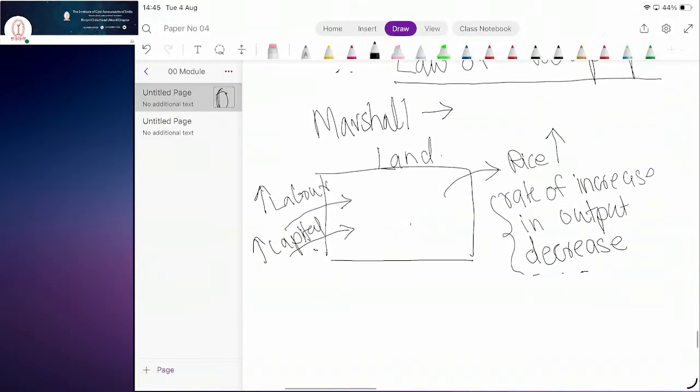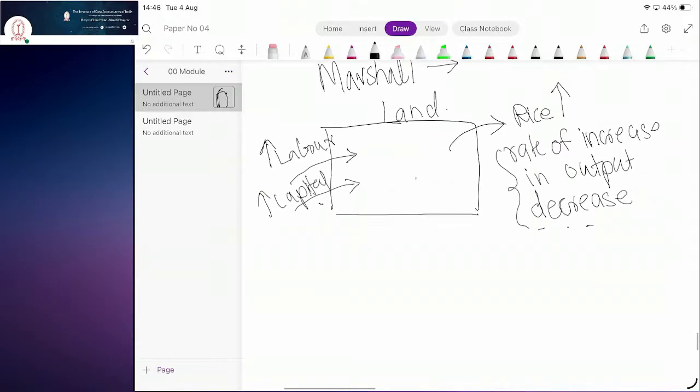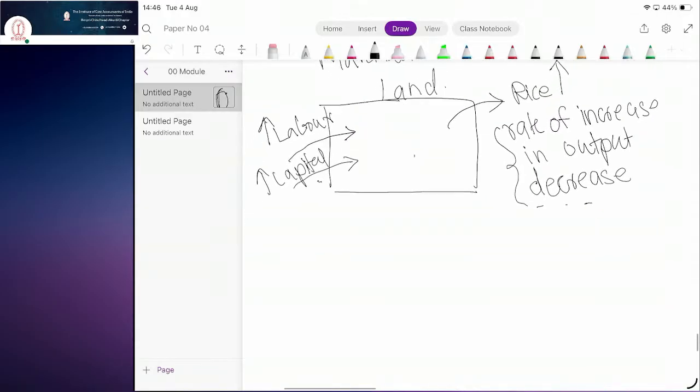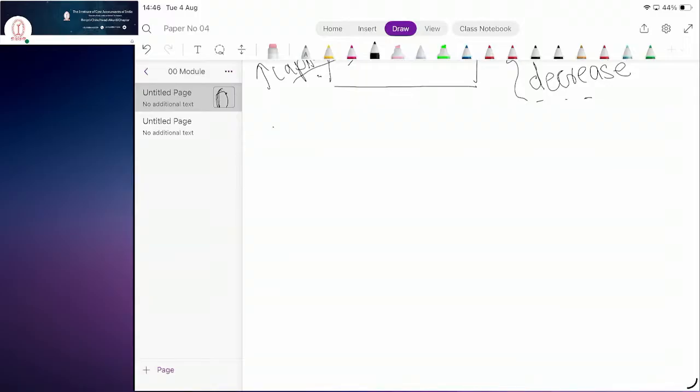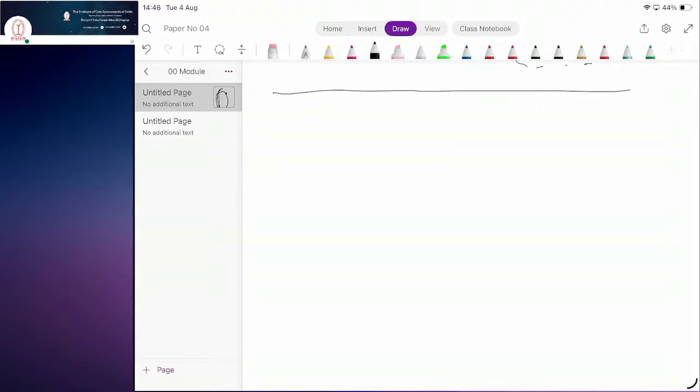Have you all got this? To draw the diagrams and make things clear, I will define one very important idea, which is marginal productivity, marginal product.